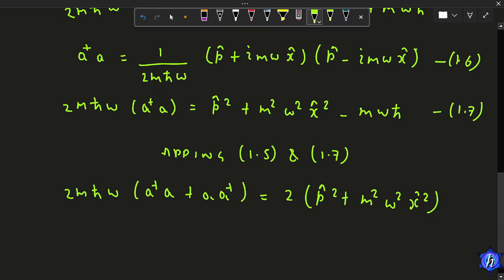So this is what we are left with. It's just a rearrangement. I'll take the 2m to this side and the 2 to the denominator.